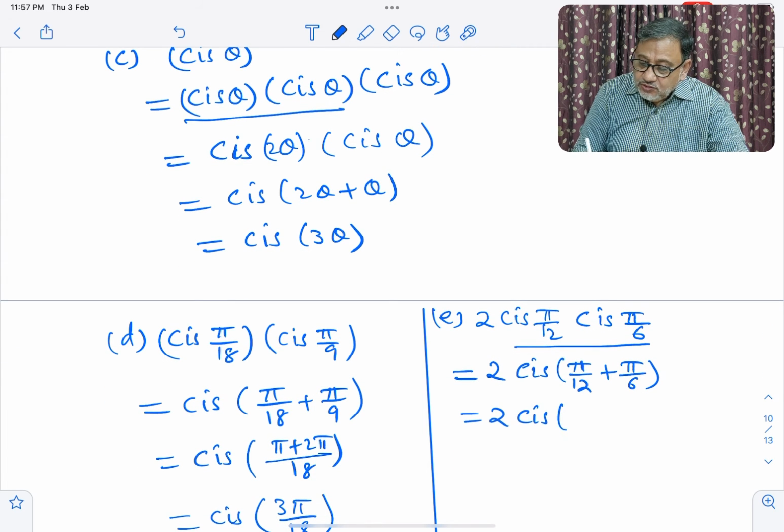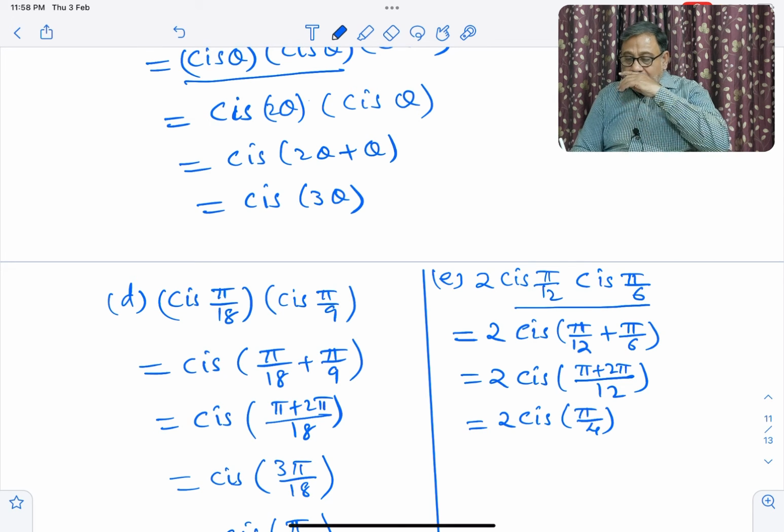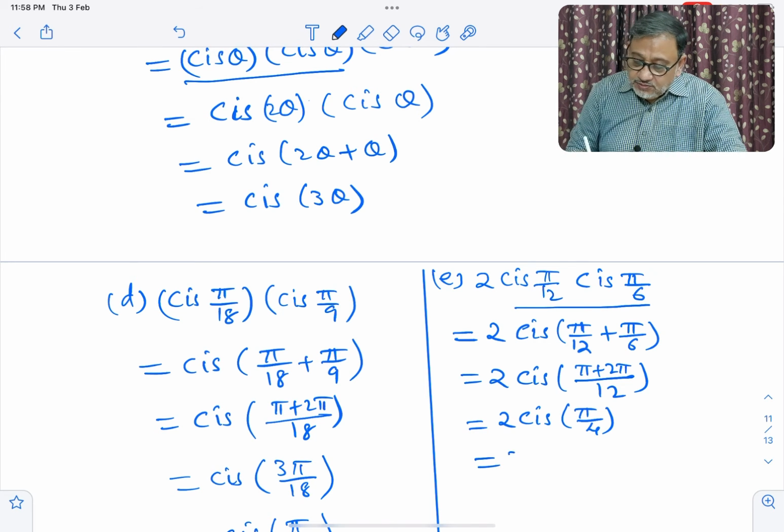So it will be 2 cis, 12 is the LCM, so pi plus 2 pi, so 3 pi by 12 will be pi by 4. Okay, 3 will cancel with 12 and you are going to get pi by 4.